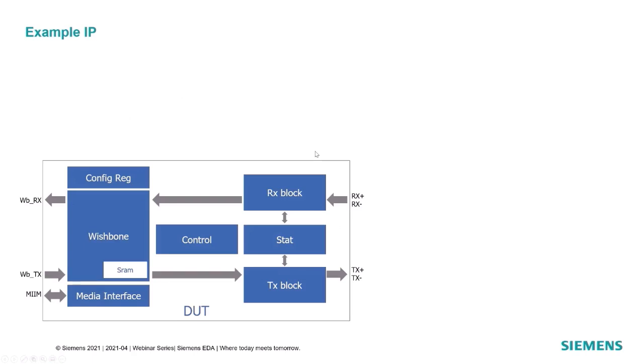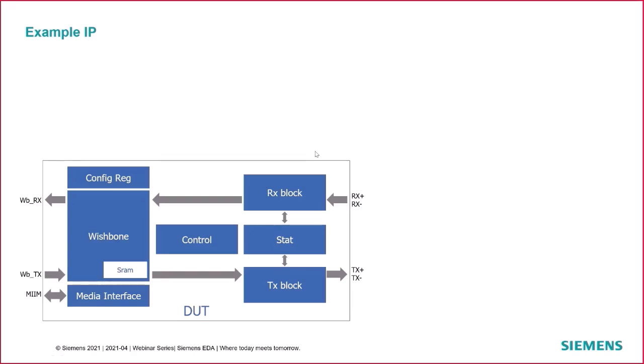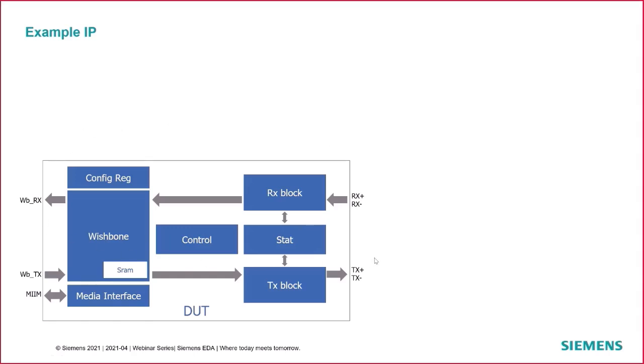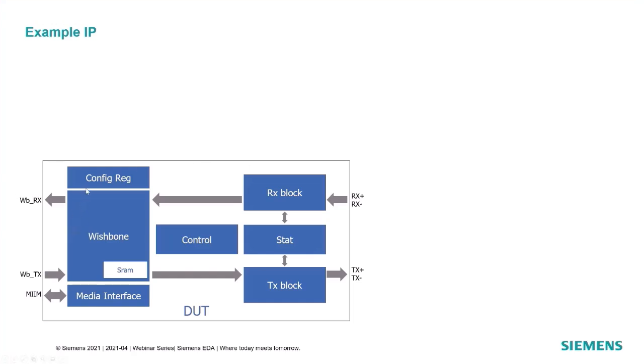To perform this experimentation, this is the block diagram of our example IP. It has various blocks. It has a bigger contribution on the Wishbone, which has SRAM, a media interface, configuration register block, control unit, and RX and TX blocks.